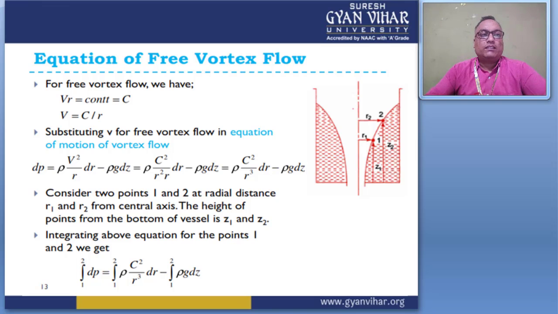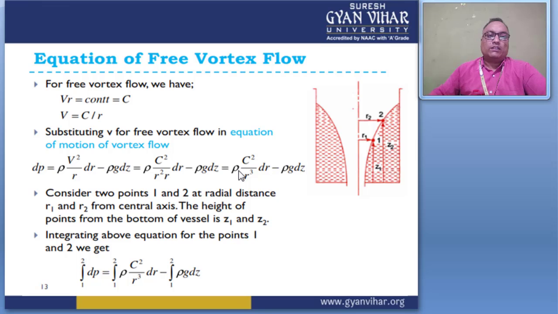Then v equals C/r, and substituting the value of v for free vortex flow, the equation of motion becomes dp equals ρv²/r dr minus ρg dz, equal to ρC²/r³ dr minus ρg dz.